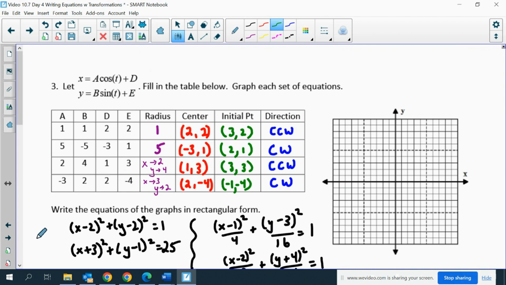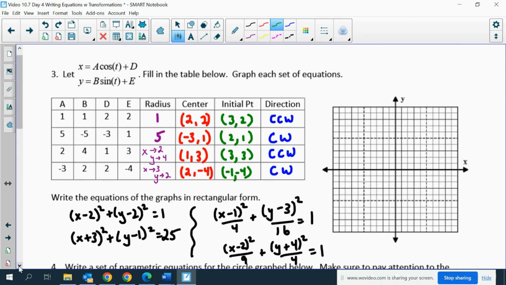Now let's do these relatively quickly. If I have x and y equal to this, I see a cosine and a sine. So my thoughts are circle or ellipse, right? Then if I just substitute some things in, if I see cosine t plus 2 and sine t plus 2, that just means that instead of cosine, sine, what I have is cosine plus 2, sine plus 2.